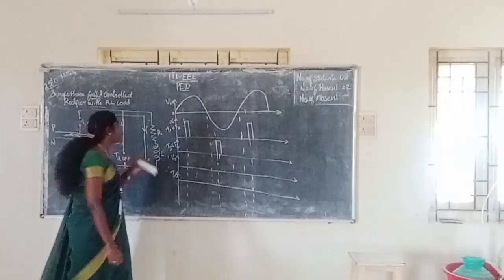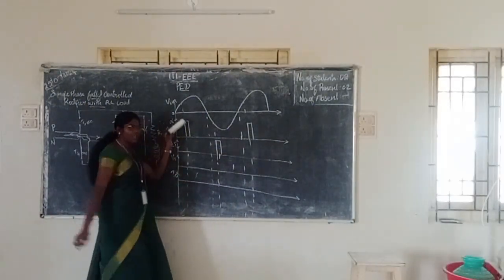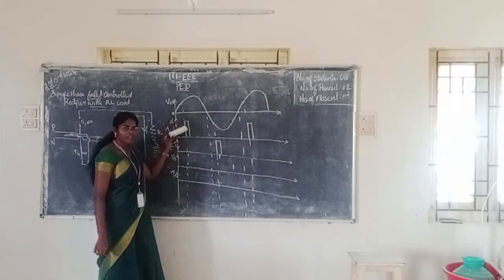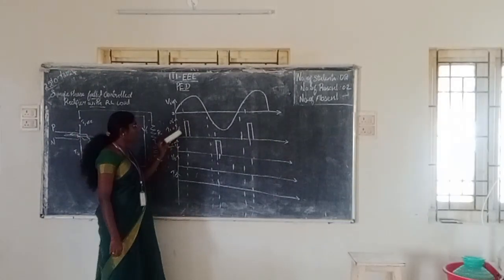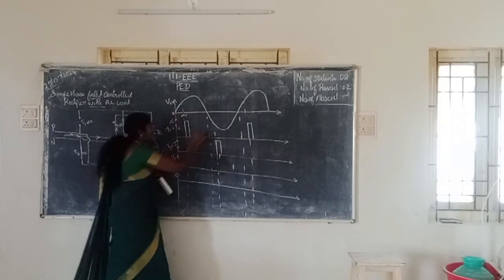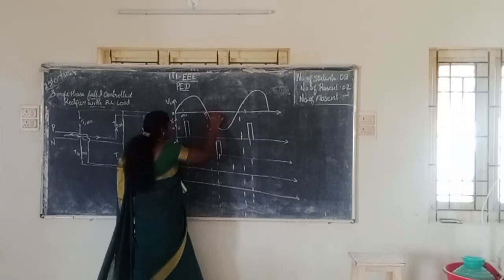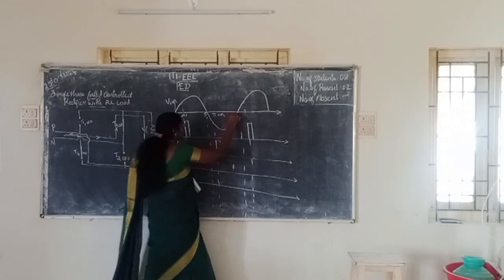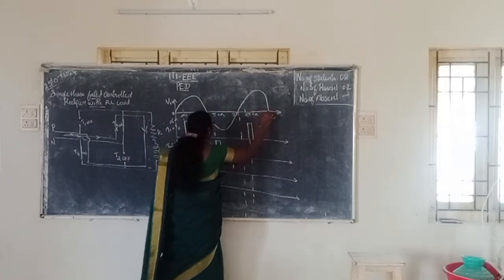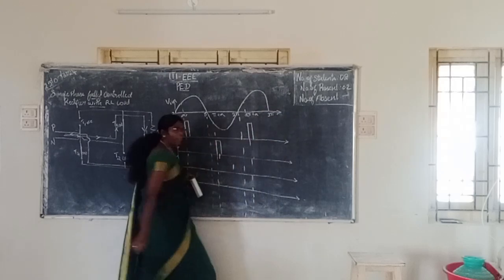Okay. So here alpha, and this side is pi, and here it is pi plus alpha. Again this will be 2 pi, and this will become 2 pi plus alpha, and here it is 3 pi.